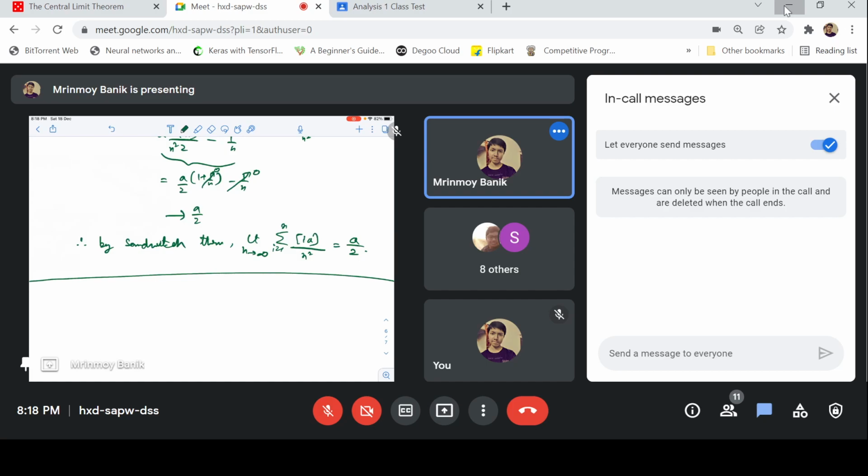Okay, so I hope to get an idea of what this definition is saying.